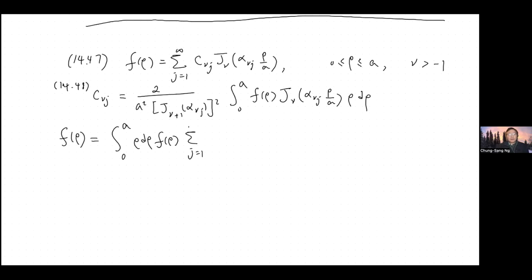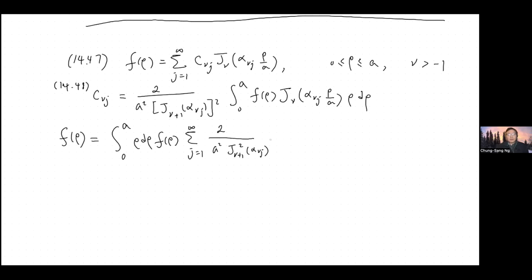And now the coefficient c sub j has this factor in front, 2 over a squared, J nu plus 1 squared of alpha nu j. And then you have this J nu.